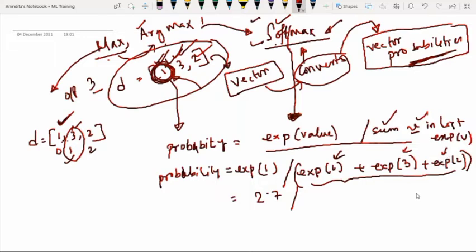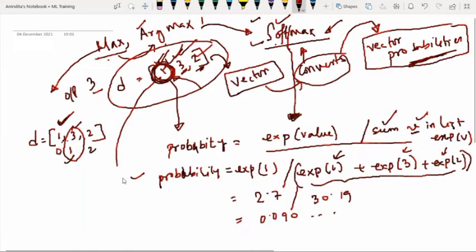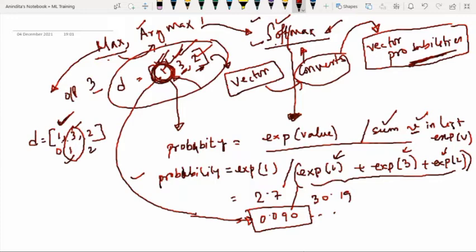The sum comes near about 30.19, and by dividing you will get near about 0.090. So this is how this 1 can be converted to probability. Similarly, you can apply this concept to 3, and then similarly to 2. Now see, whenever you have 1, the probabilistic output is this one for the value 1. Now see the output.